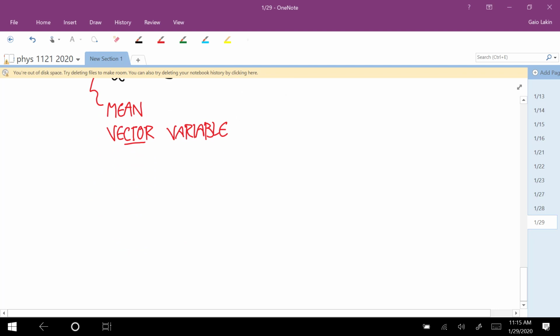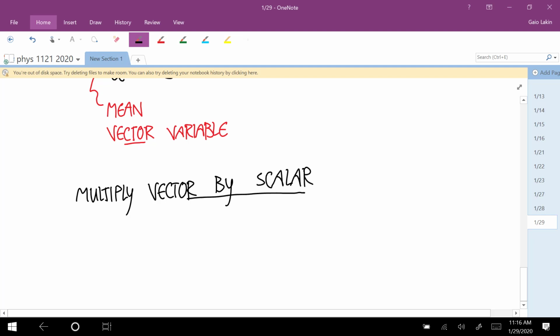And the second thing that we'll have to do is multiply a vector by a scalar. And this has to have the physical meaning that I gave last time too, and it does.